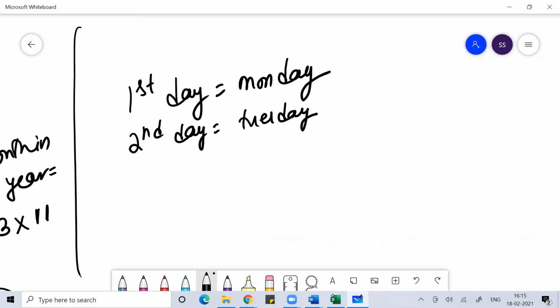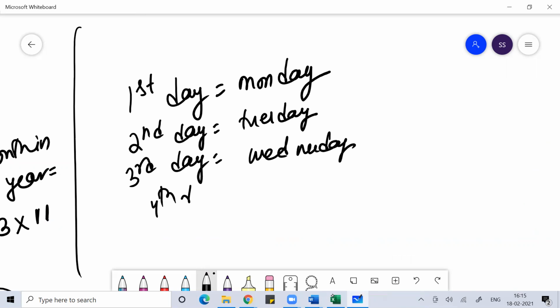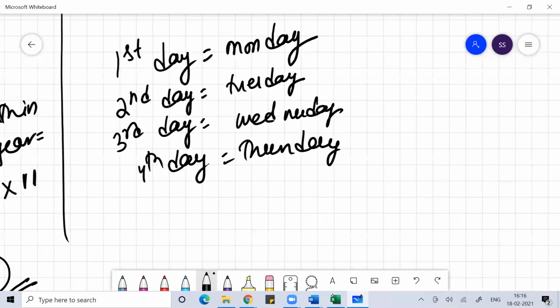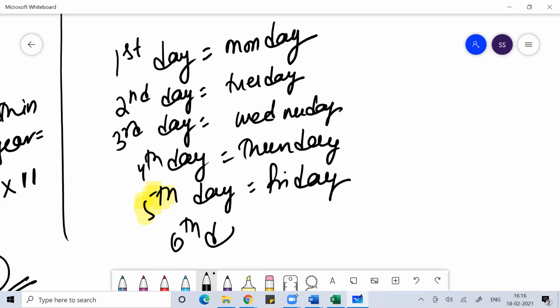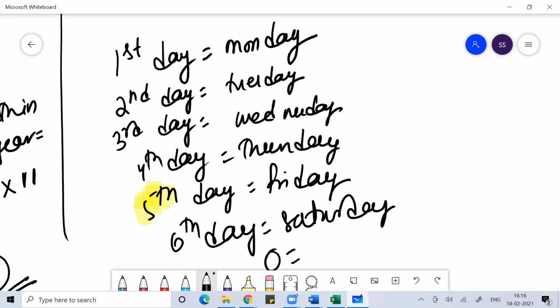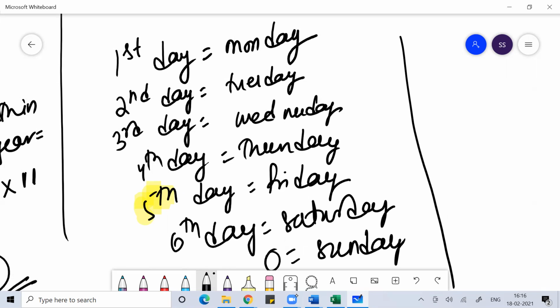We believe that life started on Monday, then the third day is Wednesday, the fourth day is Thursday, the fifth day was Friday, the sixth day was Saturday, and then day 0 was Sunday. So this is the logical approach. According to it, life started on Monday.